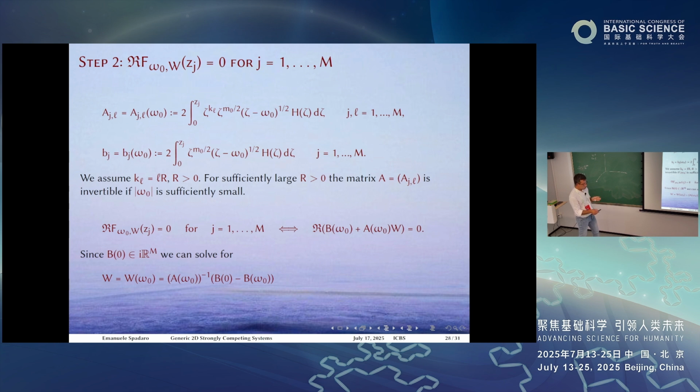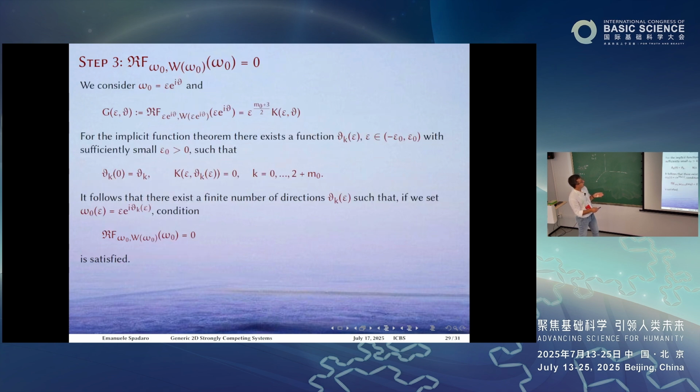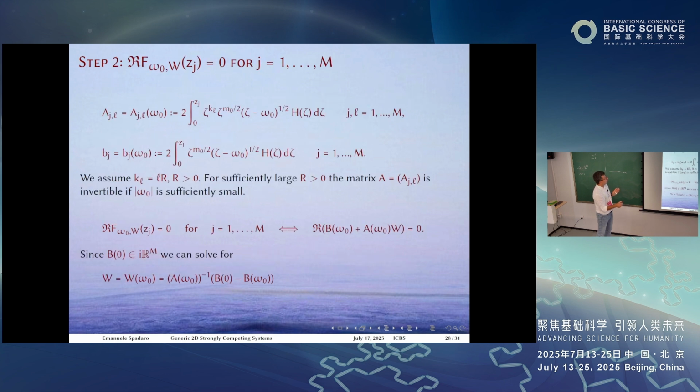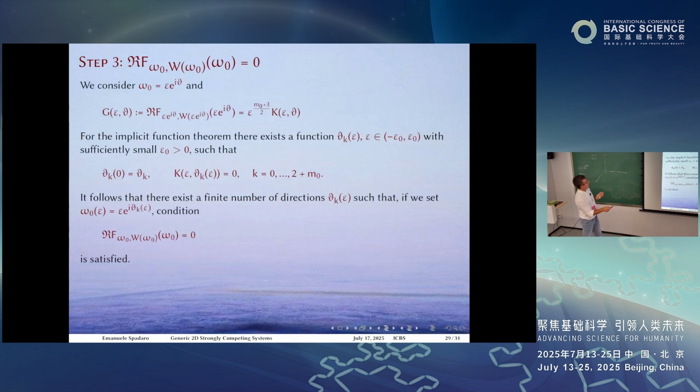So this operation in some sense creates a function f, which is now this. So let me go back now. Once we have fixed omega 0, we have found a corresponding W, such that this holomorphic function is an Hopf differential. Well, we also need to manage to have real part 0 on the new critical point, which was omega 0.